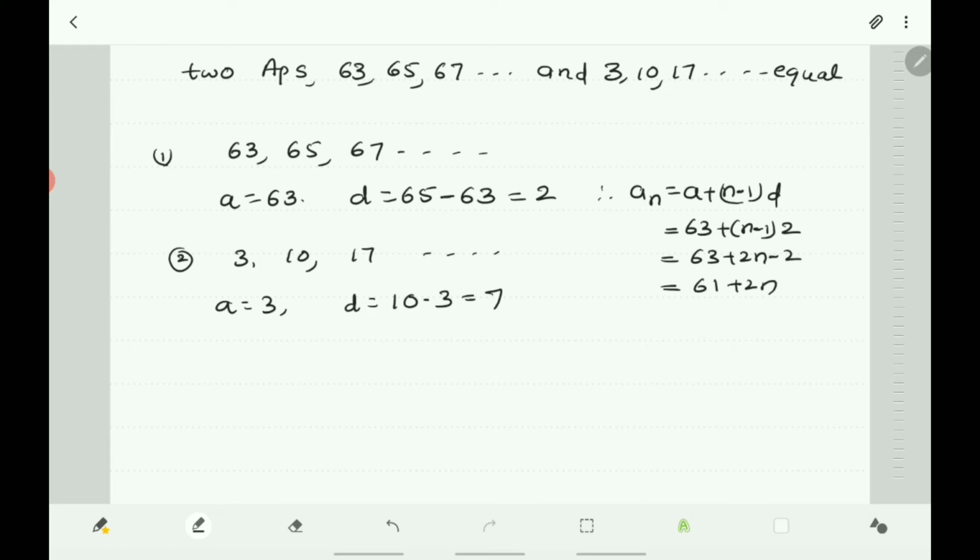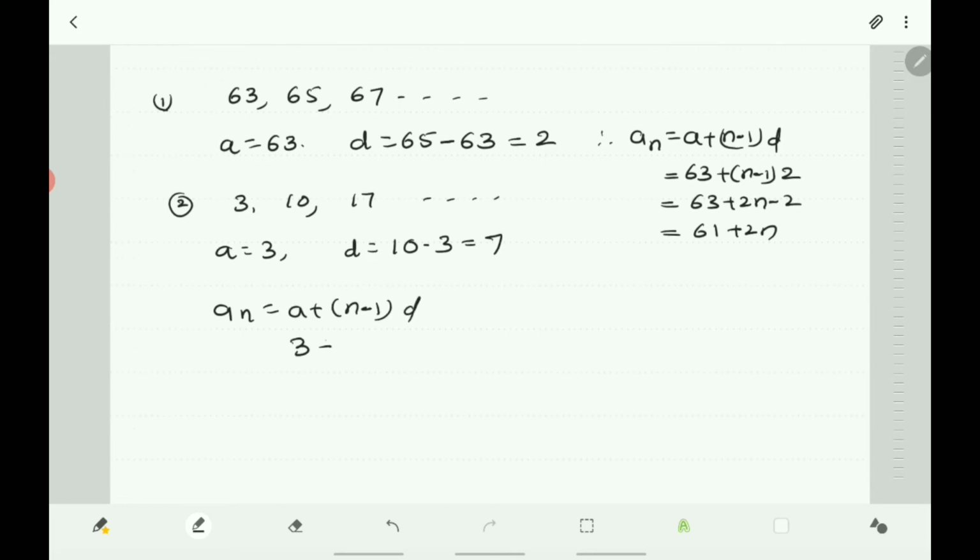And here an is equal to 3 plus n minus 1 into d, that is 7, that becomes 3 plus 7n minus 7, then 3 minus 7 is minus 4, 7n minus 4.